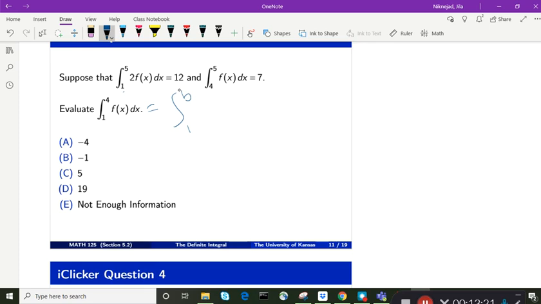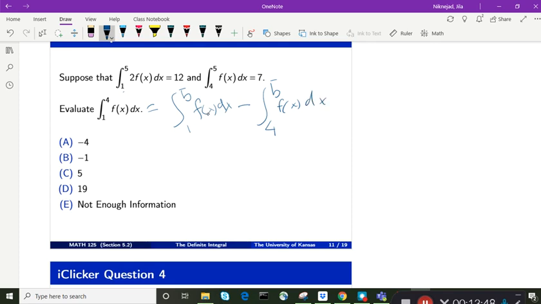If I take the area from 1 to 5, then subtract the area from 4 to 5, what do I have left? It would be the area from 1 to 4. So remembering this is an area makes remembering the property easier. So this is what I'm ending up with.